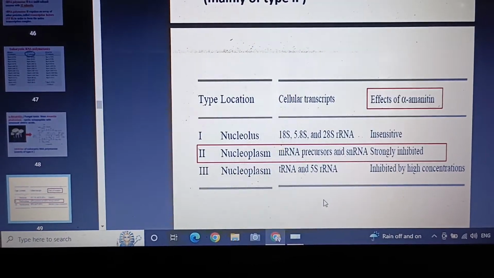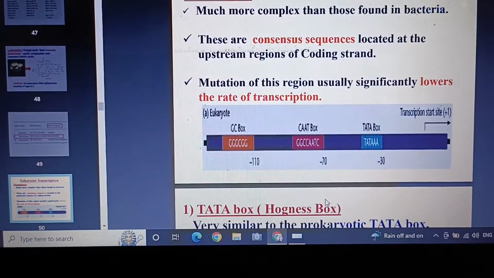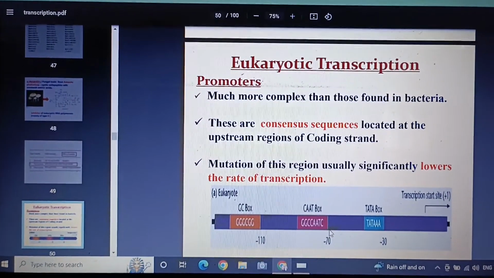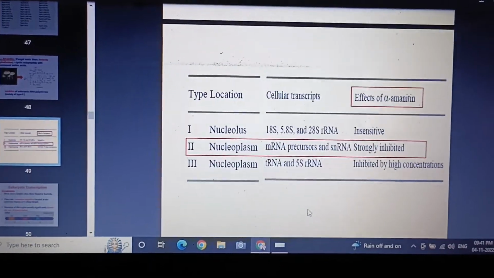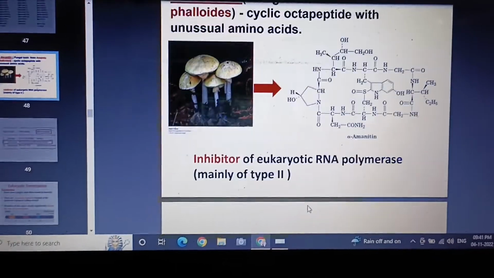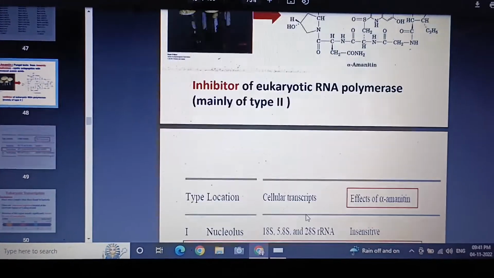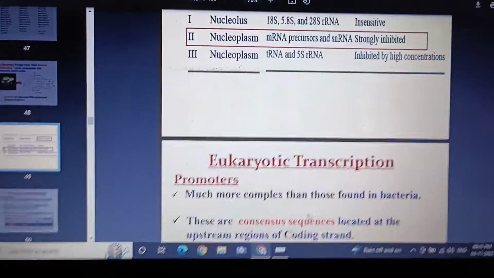So types and location. Here we will go to the transcription process. Eukaryotic transcription. I'll tell you this later. After knowing the mechanism only, you will clearly know what a transcription factor is.